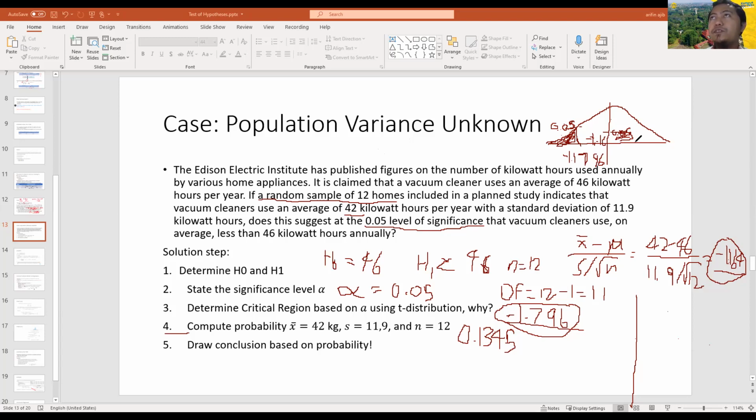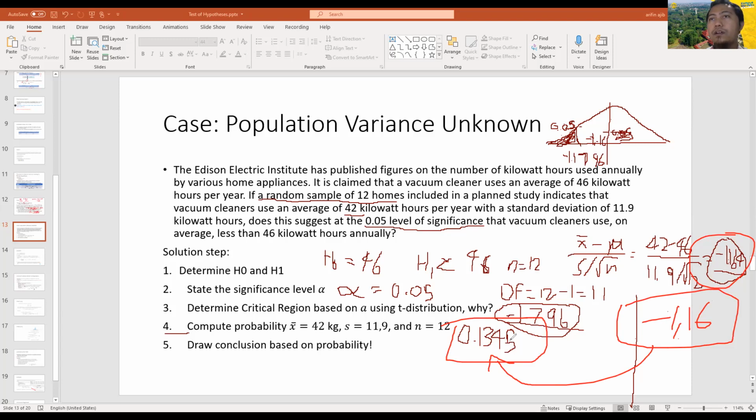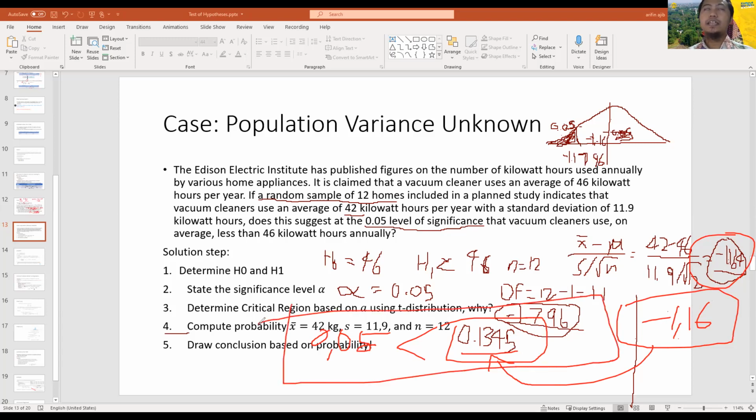For example, after you got minus 1.16 here and the probability 0.1345, then we should accept, or rather we don't reject, because this probability is greater than 0.05, and that reason is enough. Do you get it? Yes.